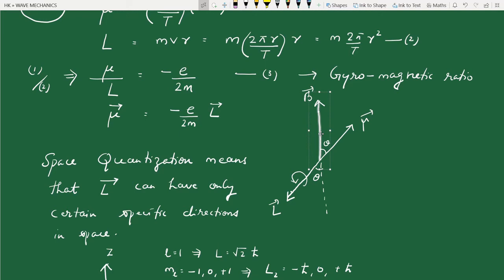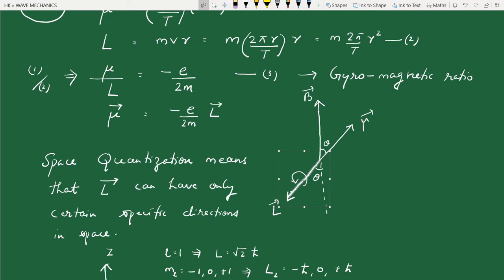When you apply an external magnetic field, it is the orbital magnetic dipole moment that interacts with the magnetic field, and there will be only certain specific orientations or directions. So when we say that Lz can have only certain specific directions, equivalently we can say that mu z, the z component of the orbital magnetic dipole moment, can have only certain specific directions.